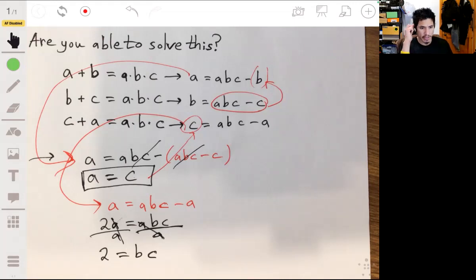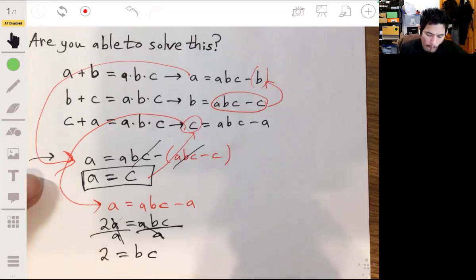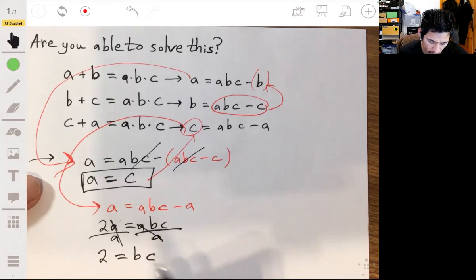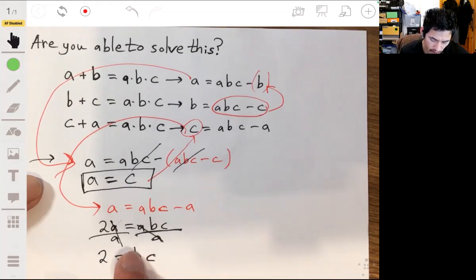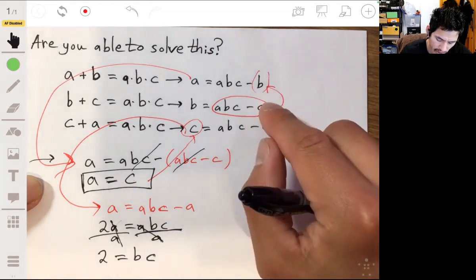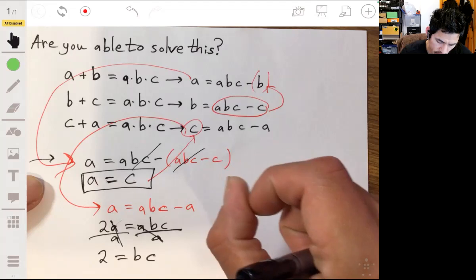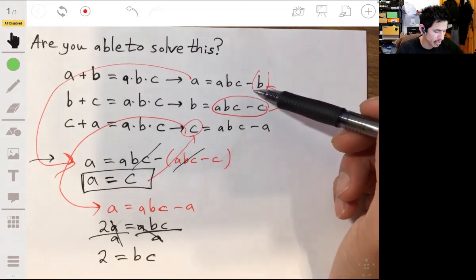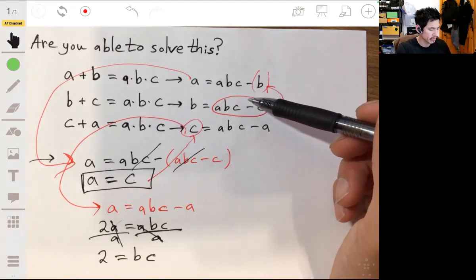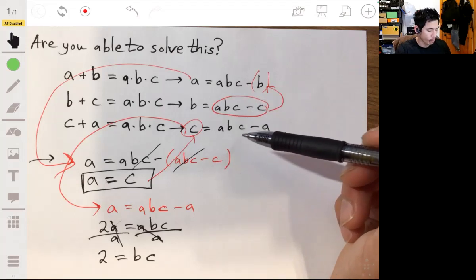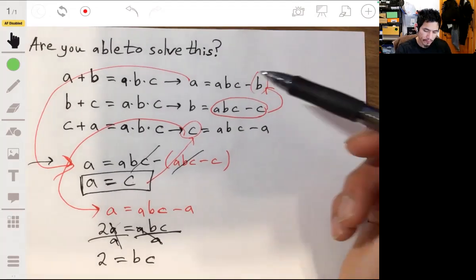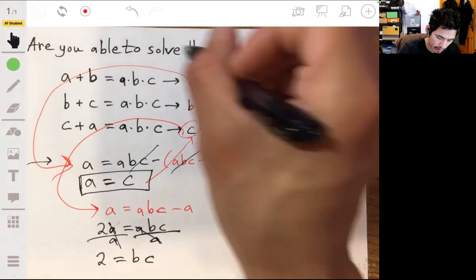Now, from here, we can now use this, we can plug this into the top one. That'll probably be the best. Let's go back around here.